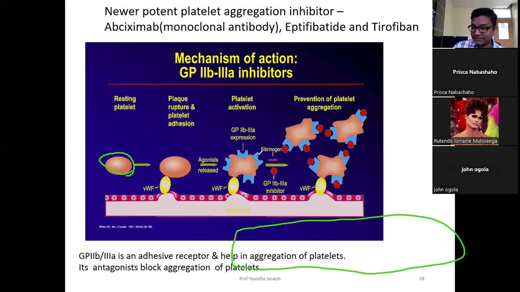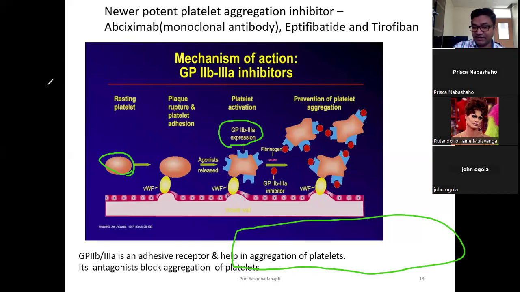Then other factors on the other receptors on the platelets will activate, mostly GP2A expression. Now our drugs will bind to this and prevent further interlocking. These are GP2 and 3A inhibitors.